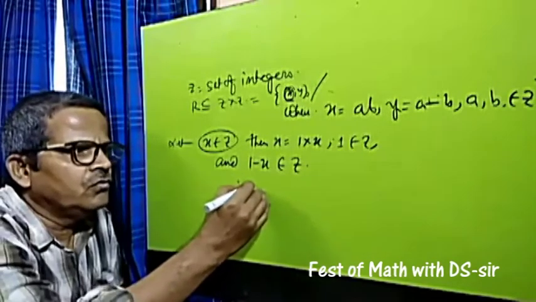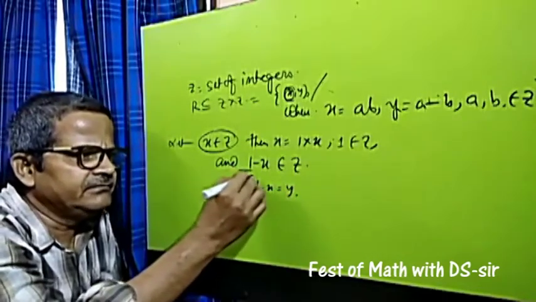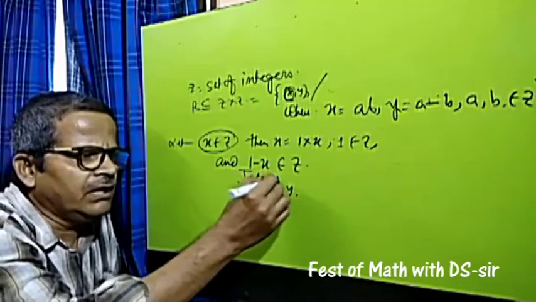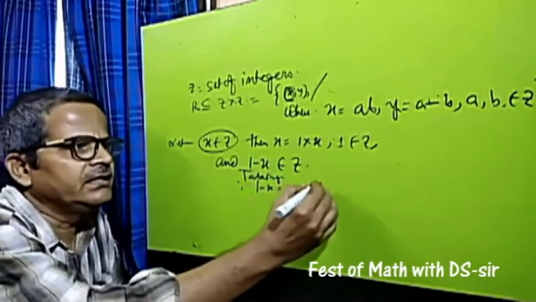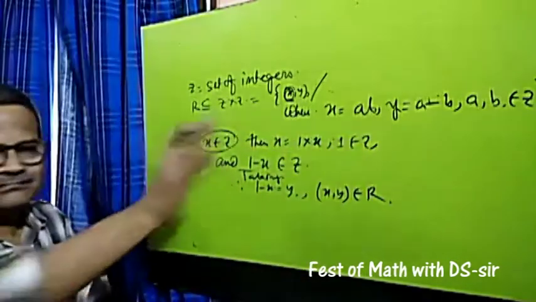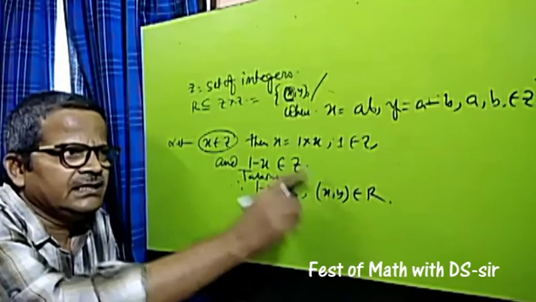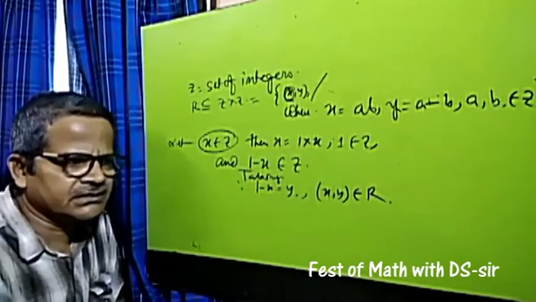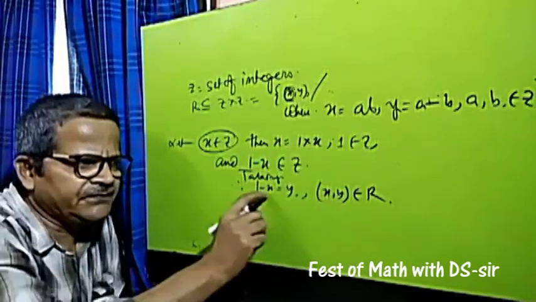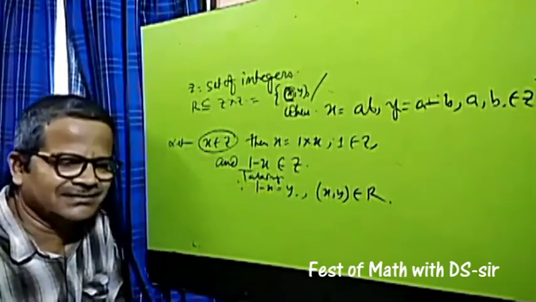So taking 1 minus X equal to Y, (X, Y) belongs to R, because you can express X as the product of two integers and Y as the subtraction of those two integers.